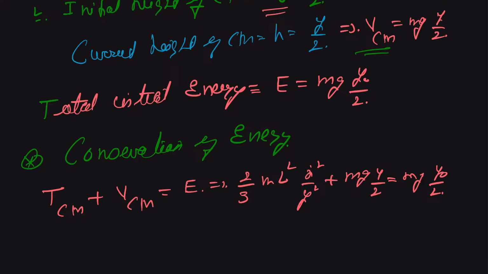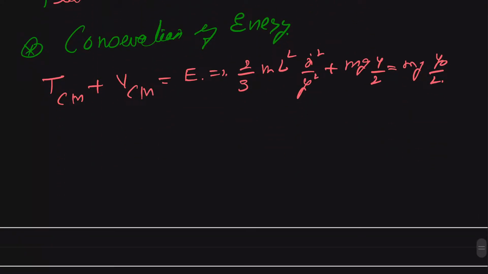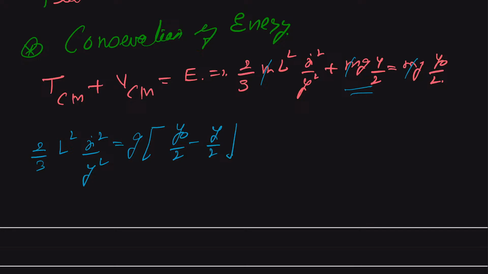Now it is simply a matter of calculation. We can take this on the right side, and we can cancel out m throughout. So this will be 2 by 3 L square x dot and y dot square is equal to g, which we can take as common, and we get y naught upon 2 minus y upon 2, which is nothing but g upon 2 times y naught minus y.